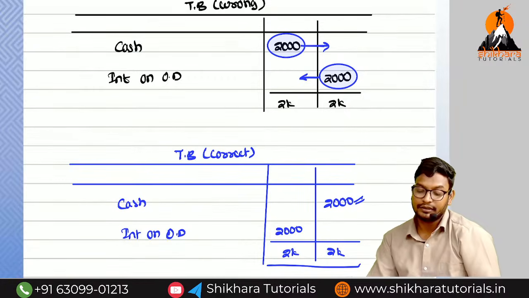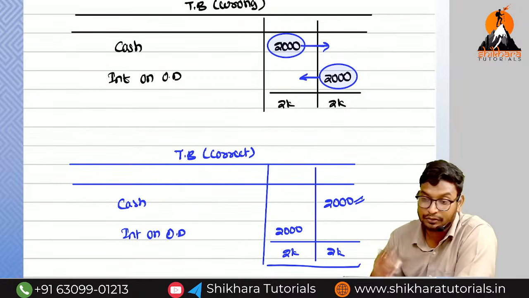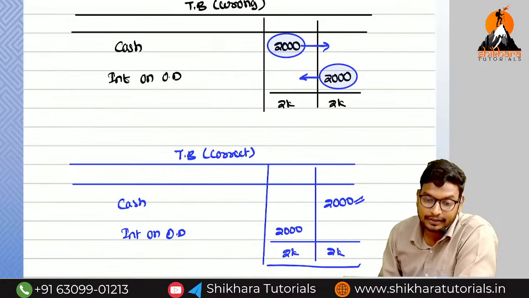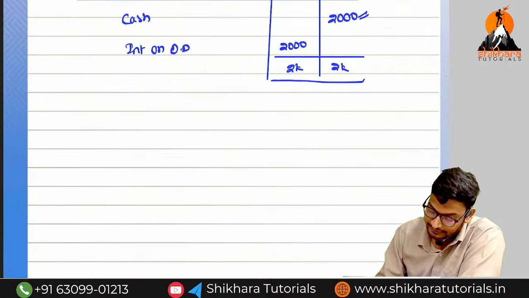So what is the entry we are going to get now? Interest on OD account debited to cash account. What is the amount? 2000 plus 2000, what is the total? 4000. Okay guys, so simple. The rectification entry.